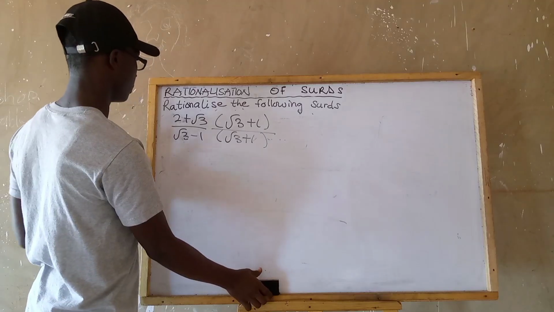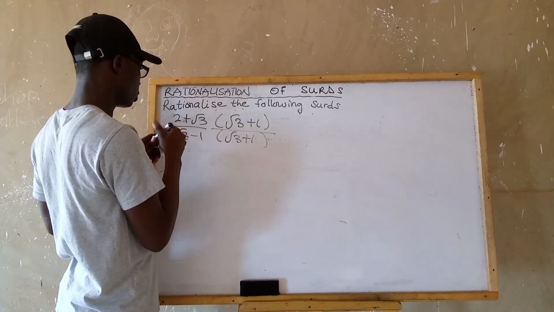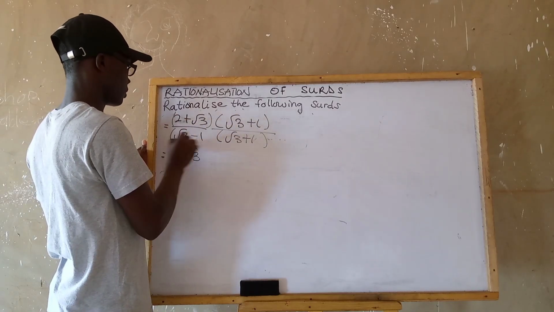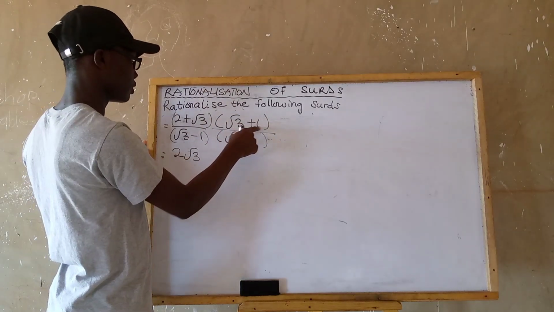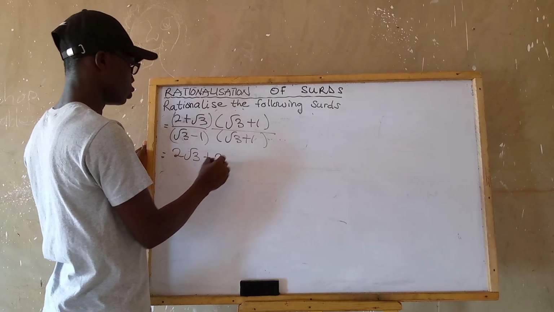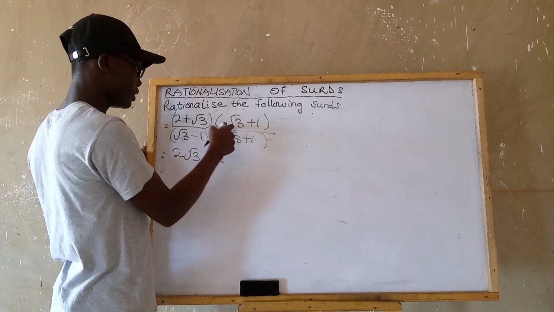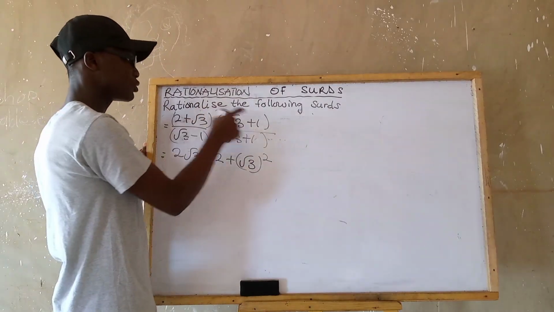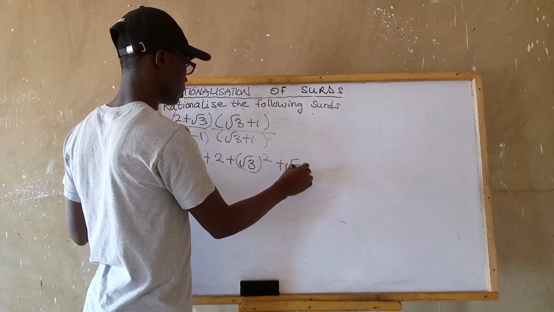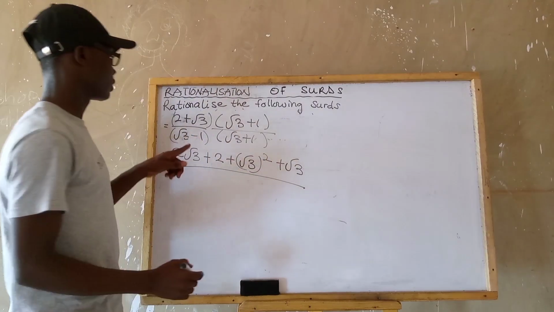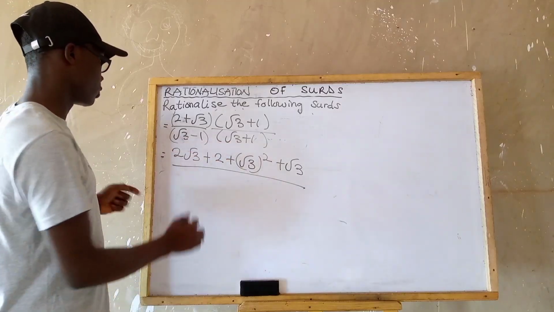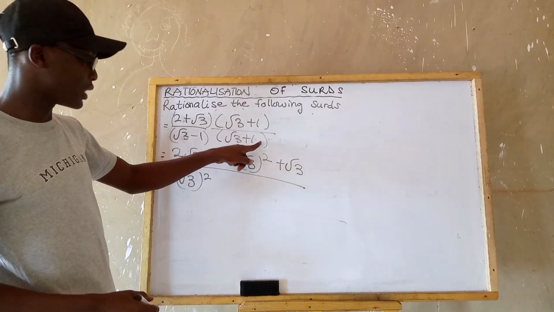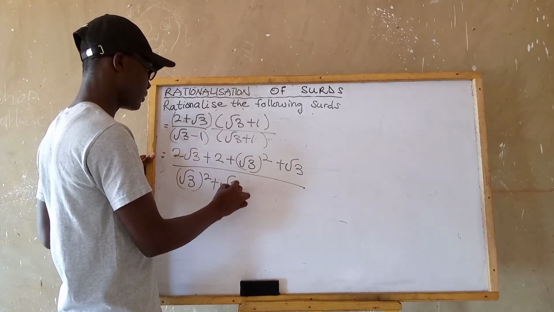And now let's continue. So we have 2 times root 3 to give us 2 root 3, and then 2 times 1 to give us 2. Now root 3 times root 3 to give us root 3 squared, and now root 3 times 1 to give us root 3. All over root 3 times root 3 to give us root 3 squared, and now root 3 times 1 to give us root 3.